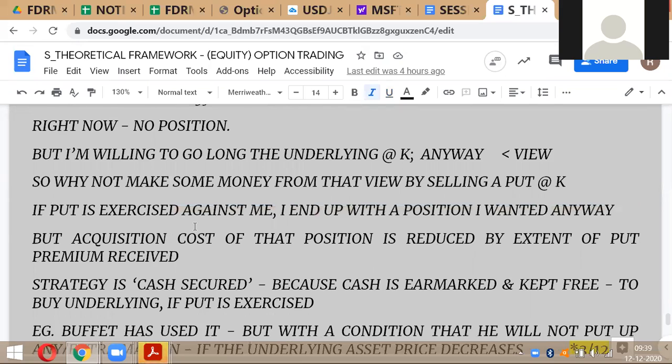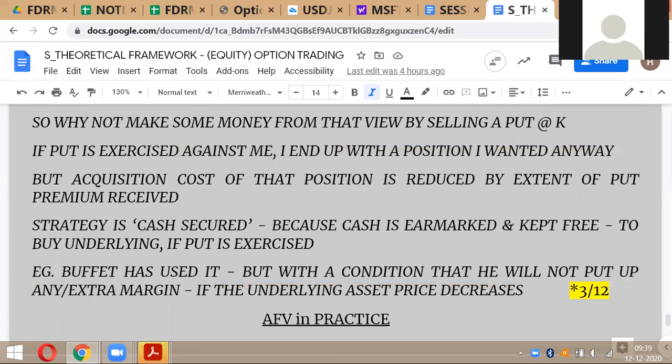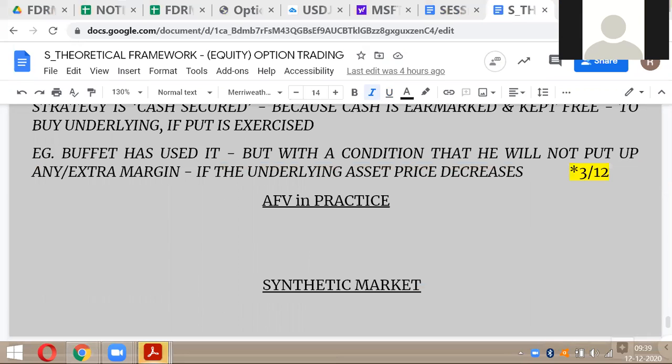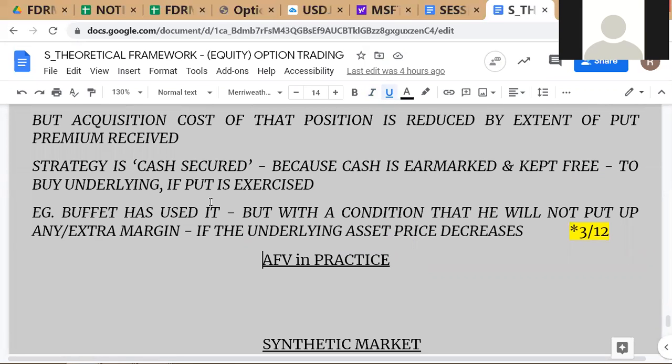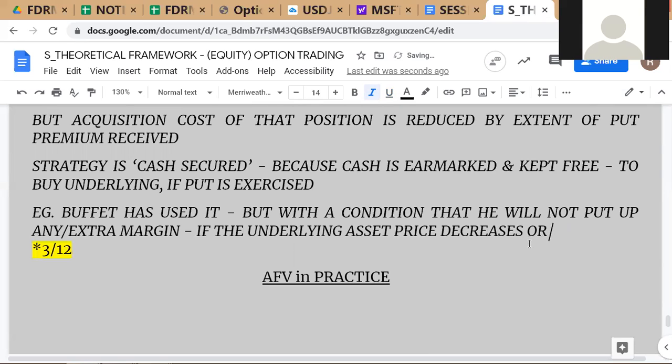Then we had the discussion on covered calls and cash secured puts. Okay, and there's a discussion on Warren Buffett's use of cash secured puts, with the condition that he won't put out any extra margin if the asset price decreases, or the other way in which the value of the short option for Berkshire Hathaway could have increased.